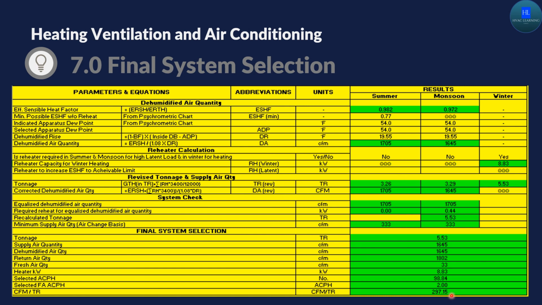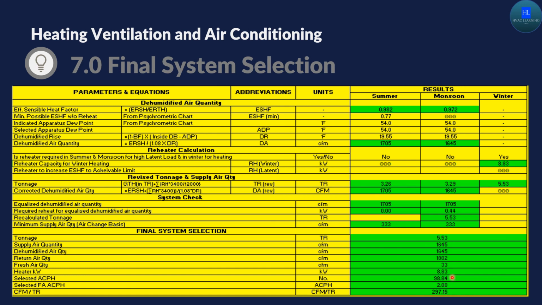So in this particular room, we are getting 297 as the total CFM per TR needed for us. So this is how we are going to calculate heat load details for a particular AHU.